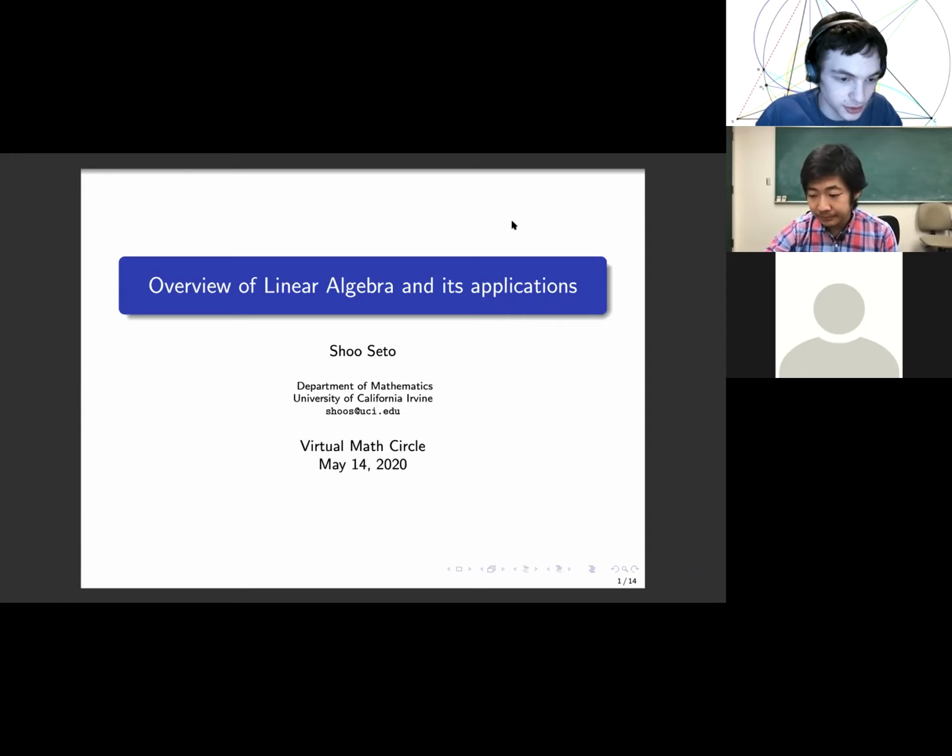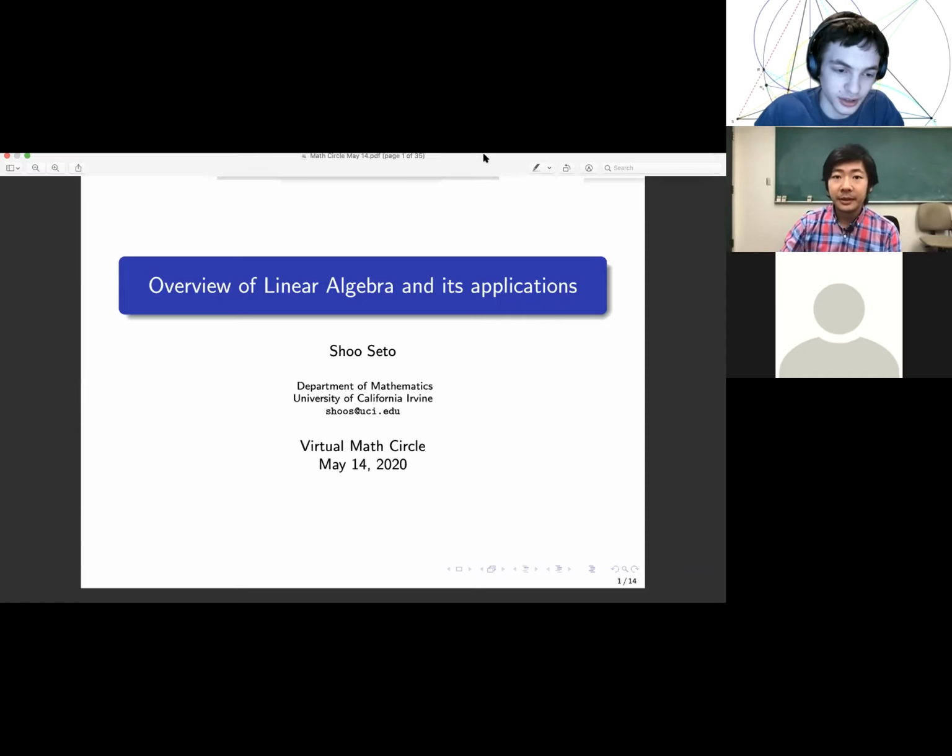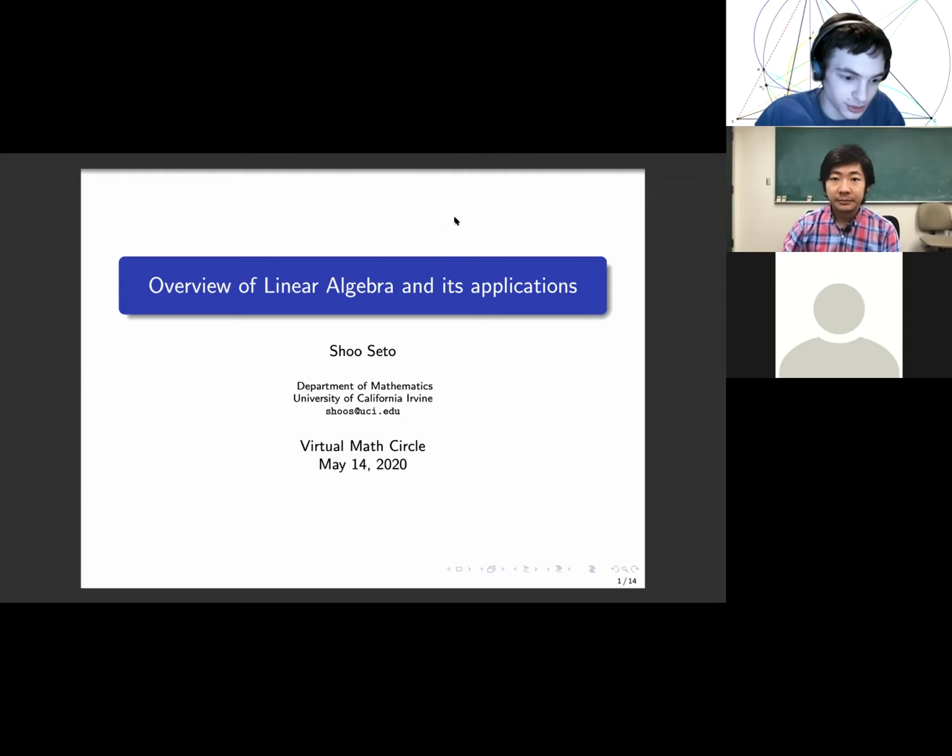Just to make sure everyone is aware, are you able to see chat? Yes, it should be. If you're able to raise your hand, go ahead and ask questions that way.